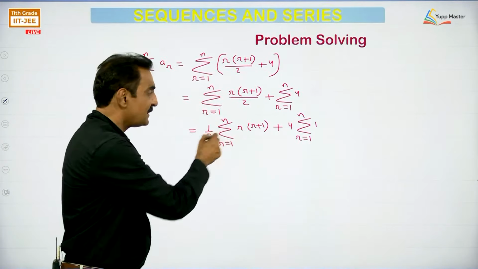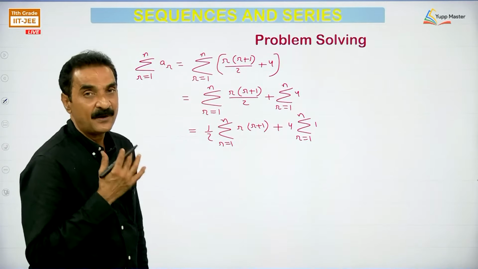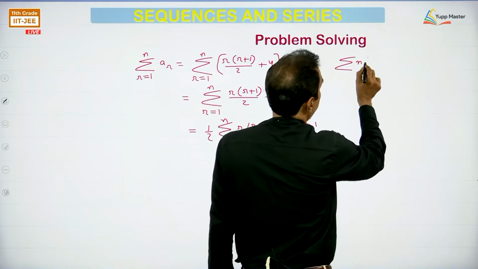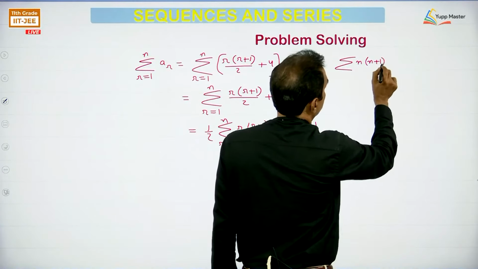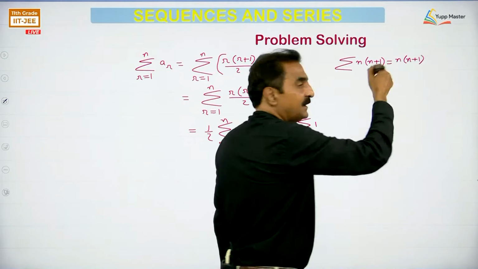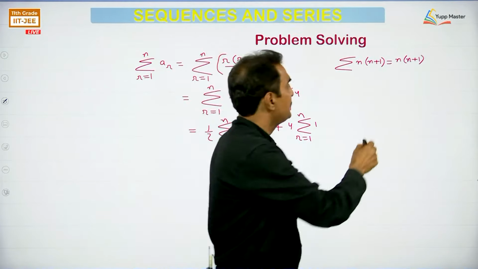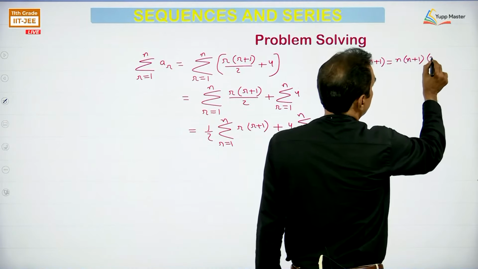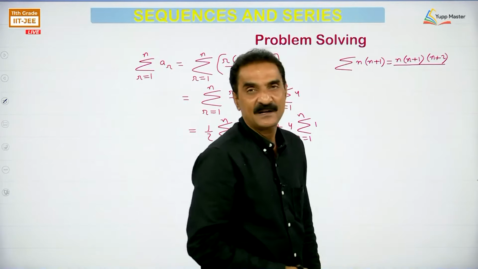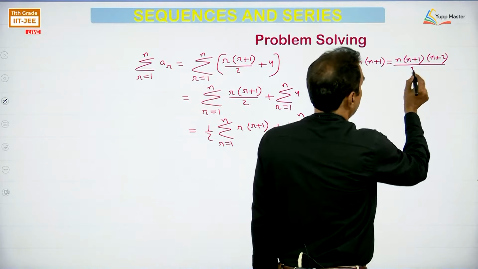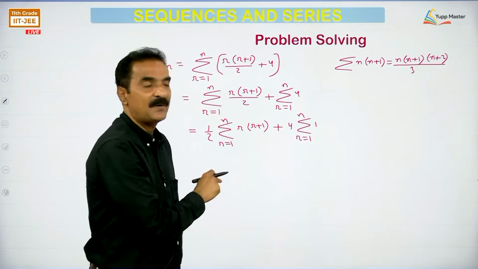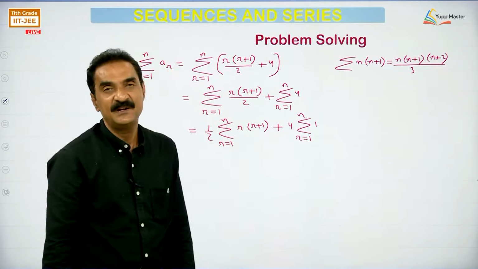And what is this sum? Already I have given a formula for you. Sigma of the product: the nth term n into n plus 1, into the next factor n plus 2, by the number of factors in the numerator, 3. And sigma r into r plus 1, where r varies from 1 to n, is the same as sigma n into n plus 1.